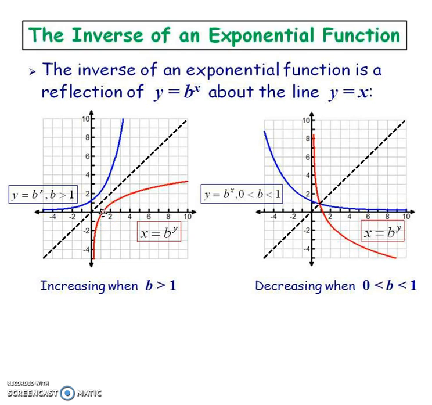The domain is limited to only this side of the graph, whereas the range looks like this one's going to go higher and higher, this one's going to go lower and lower, so the range is infinite. And that's the same for this one over here. Once we flip the blue graph over to become the red, it has the same thing: a vertical asymptote instead of horizontal, and your x-intercept at 1, 0. So this is going to start leading into what a logarithmic function is.